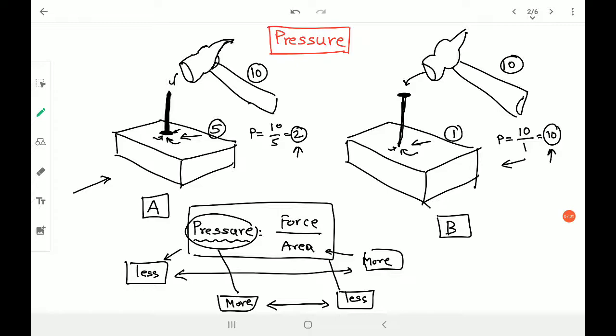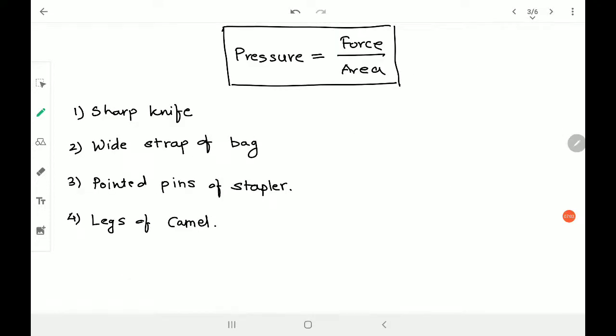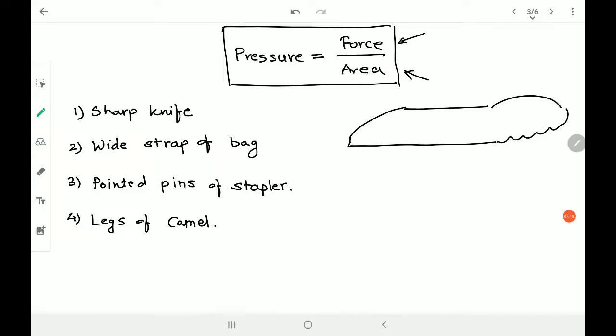Let us see some examples. We have checked that pressure is equal to force upon area. If I take an example of a sharp knife, this is the sharp knife.